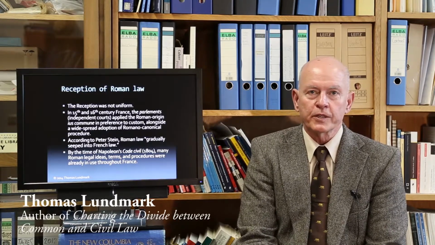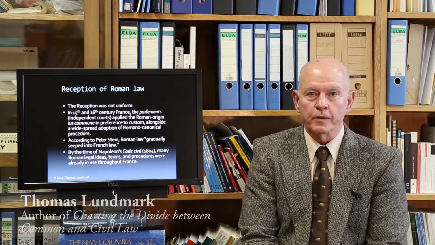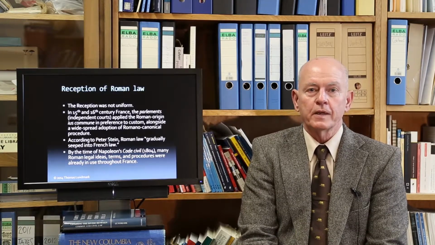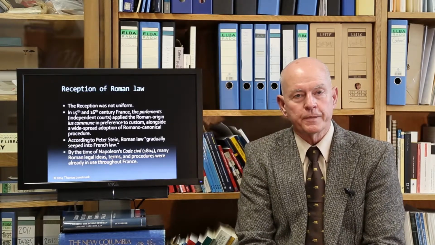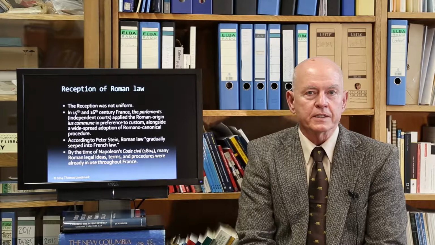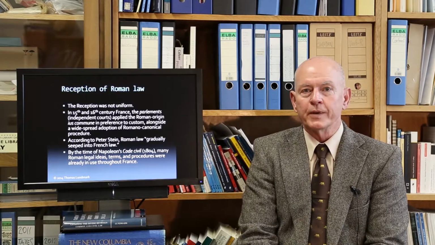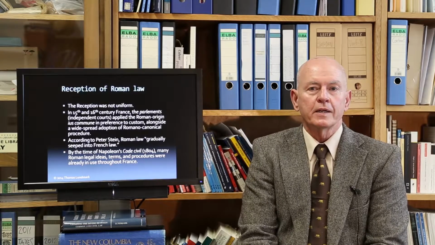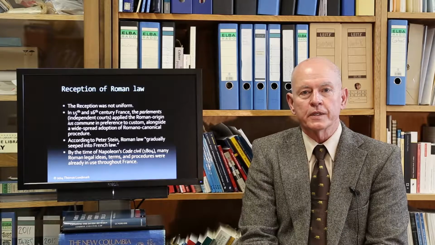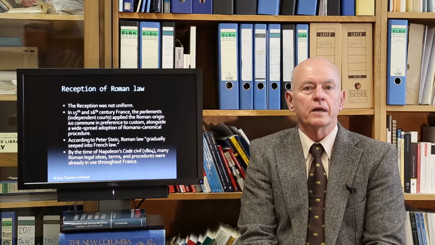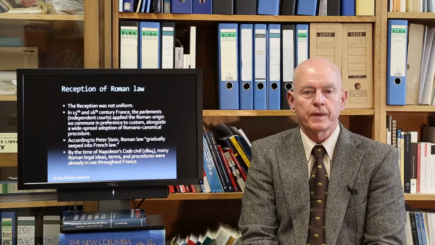This should not be interpreted to mean that the reception of Roman law was uniform. It was not. I'll show this on the example of France and Germany. In 15th and 16th century France, the Parlement, which were independent courts, applied the Roman origin jus commune in preference to custom, alongside a widespread adoption of Roman procedure.